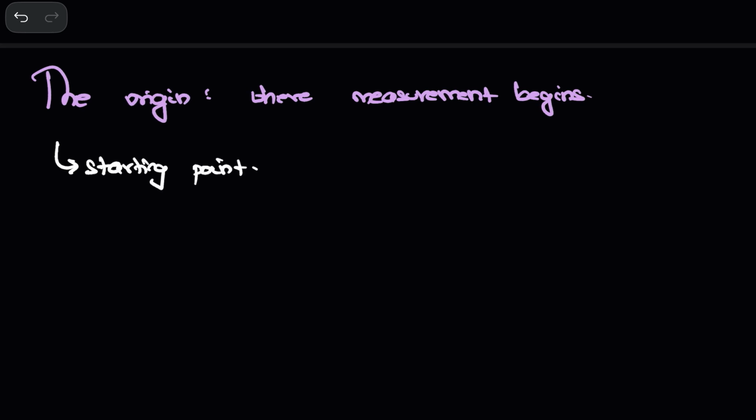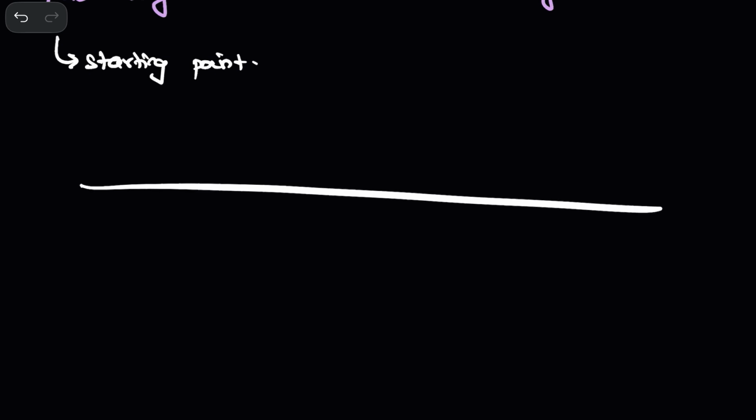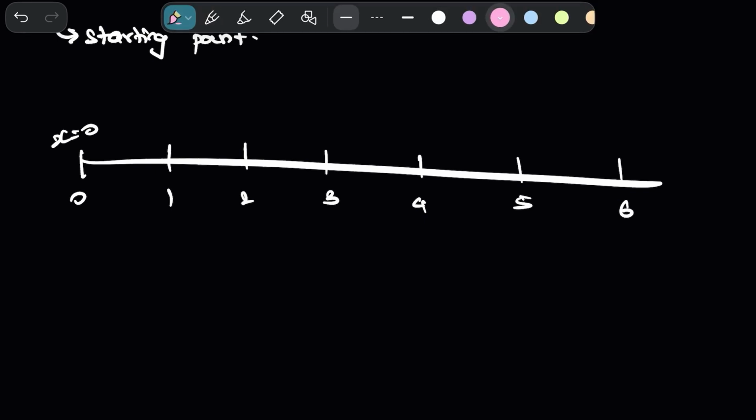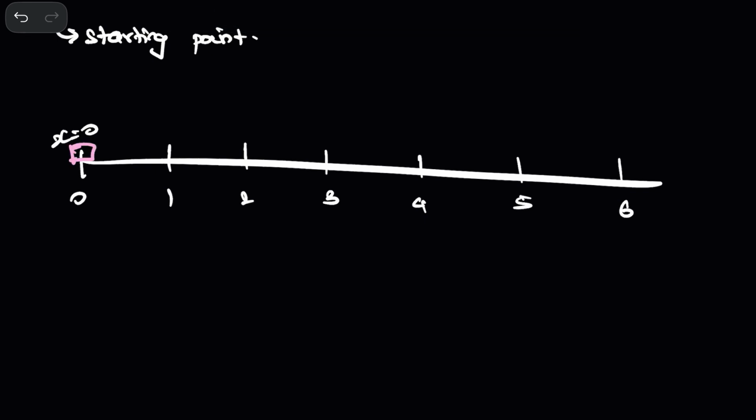On a number line, let's draw a number line. You have 0, 1, 2, 3, 4, 5. If I say x is equal to 0, then my object is at the origin. So the object at x equals 0 is at the origin.